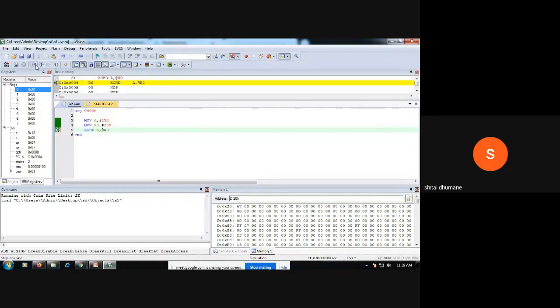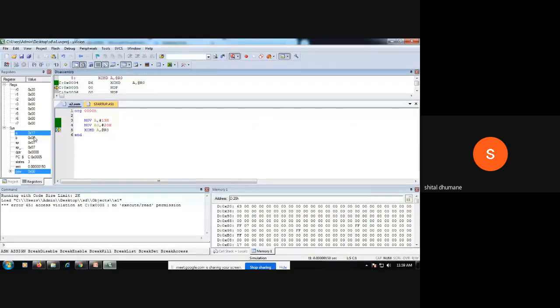Now after execution, you see that your accumulator becomes 17 and this memory location becomes 63.